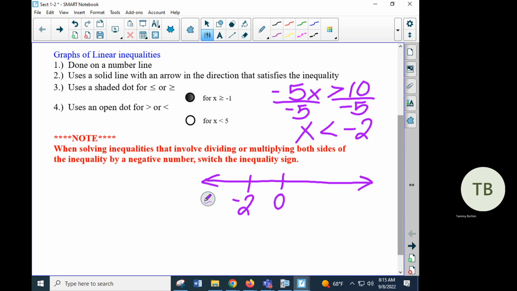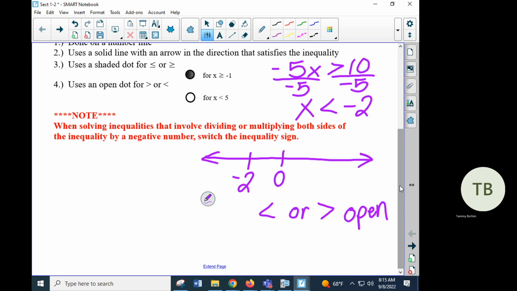Now, the rule with graphing these is if this is either less than or greater than, you're gonna have an open circle. Okay? If it's less than or equal to or greater than or equal to, you have a closed circle.